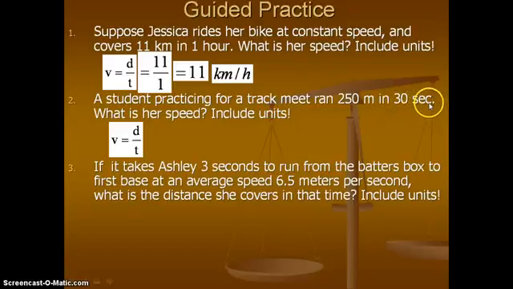No, because seconds is for time. Meters is for distance. So we want this 250 here for D. And then we want the 30 seconds in for T. So we have 250 divided by 30. And I'm going to round to 2 decimal places, so we get 8.33.